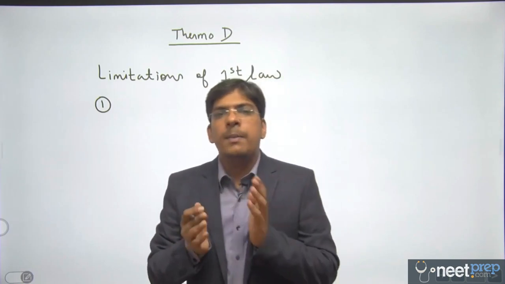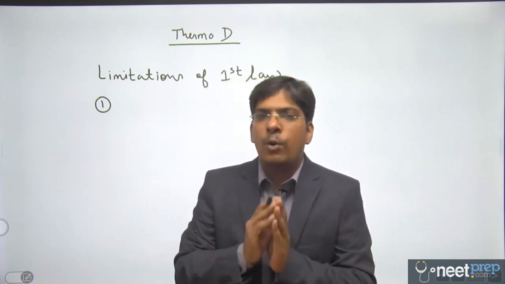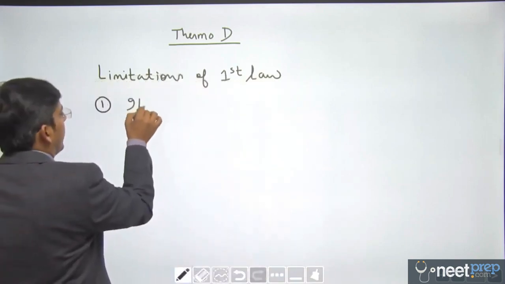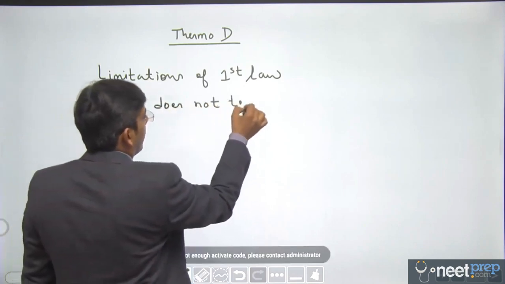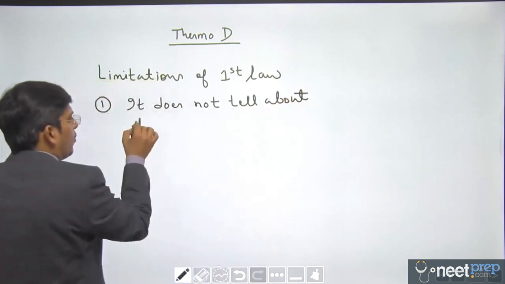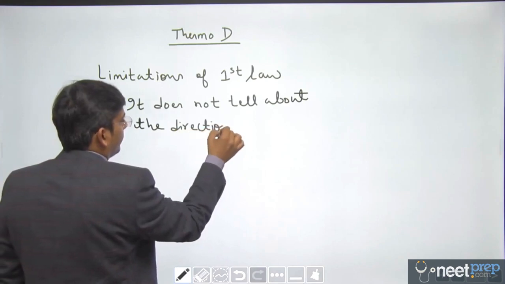That means total energy remains conserved, but it does not tell us that the heat flows from a hotter body to a colder body. So one limitation is that it does not tell about the direction of flow of heat.